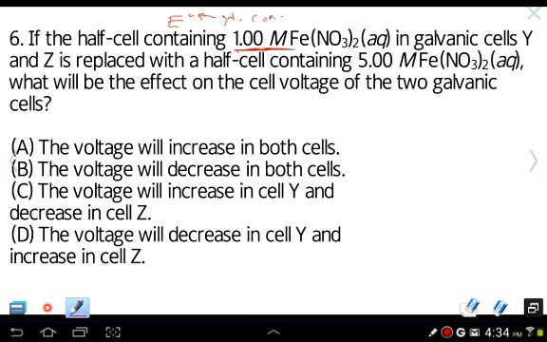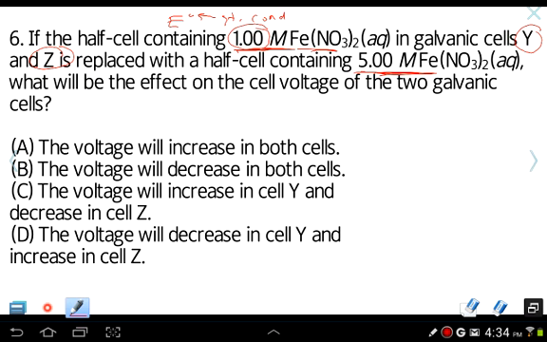Among other things, it means we have a 1 molar solution. So when we change that, our voltage will change. In fact, here it says that the iron is replaced with a 5 molar solution. In other words, we're increasing the molarity. And what will be the effect on the cell voltage of the two galvanic cells? Again, looking at Y and Z.